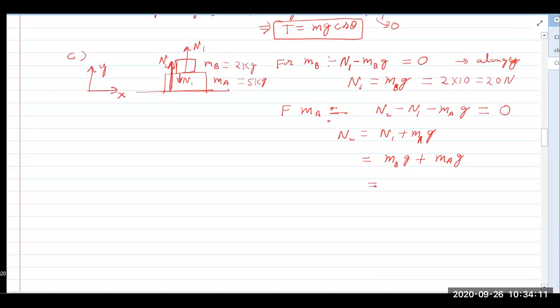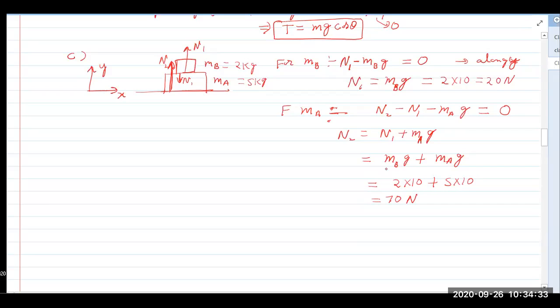But on the lower surface, it has M_A g plus M_B g. So M_B is 2 into 10 and M_A is 5 into 10, so we are getting 70 Newton. So at the lower surface, the normal corresponds to both the masses.